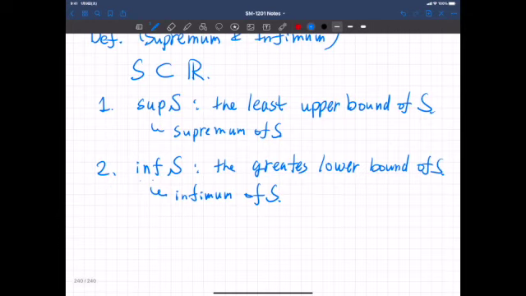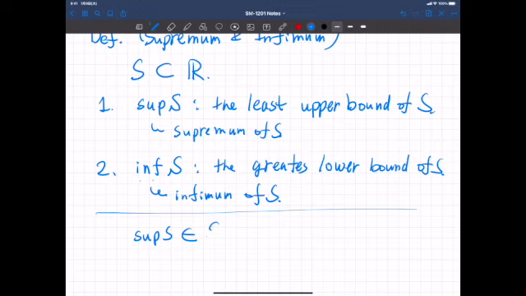Okay, and we should note that it may be the case that the supremum of S may belong to S. Now this is a real number. Okay, it's one value of a real number, and so this real number may be an element of S itself, or it may be otherwise.